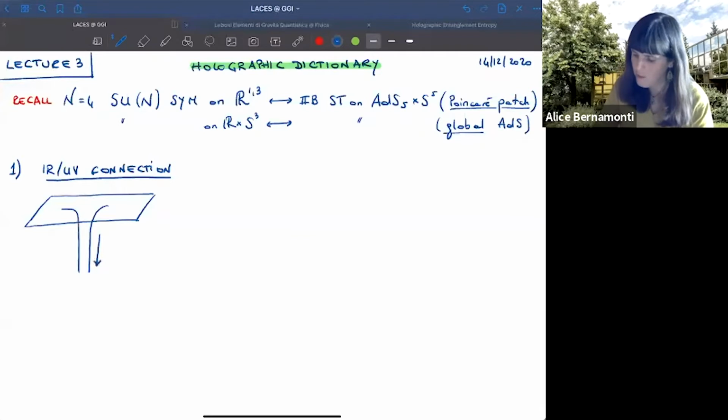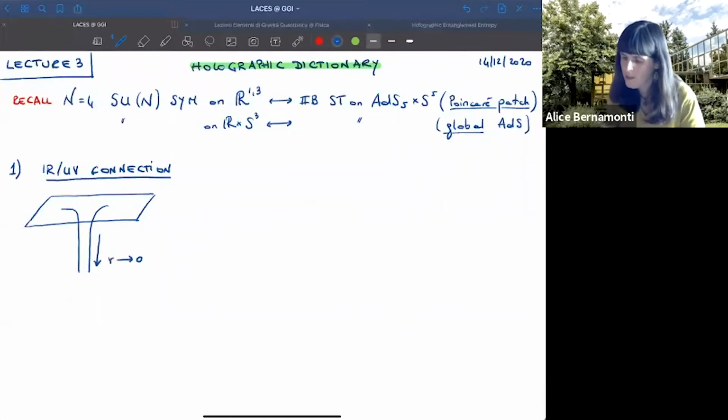Going down the throat is going towards r equals 0, where the original D-branes were located. As we move in the radial direction towards r equals 0, this corresponds to lowering the energy measured by an asymptotic observer.